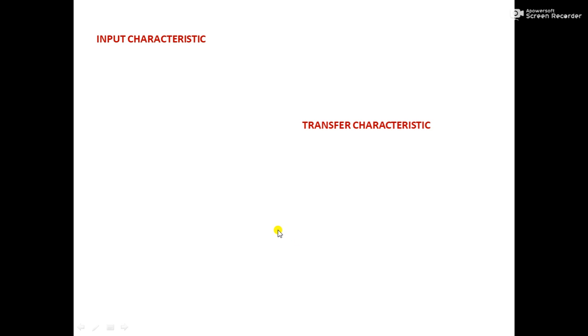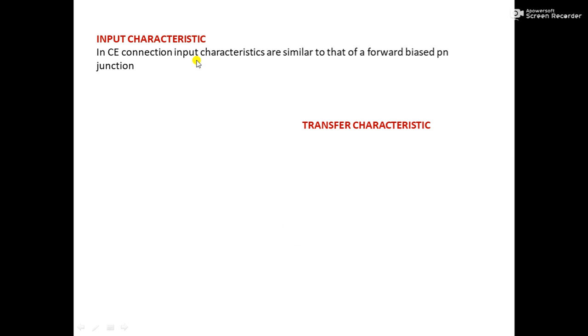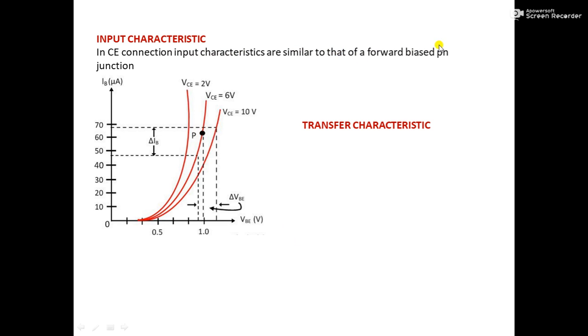Input characteristics. In the CE connection, input characteristics are similar to those of a forward biased PN junction. This is the input characteristics of a common emitter connection of a transistor.